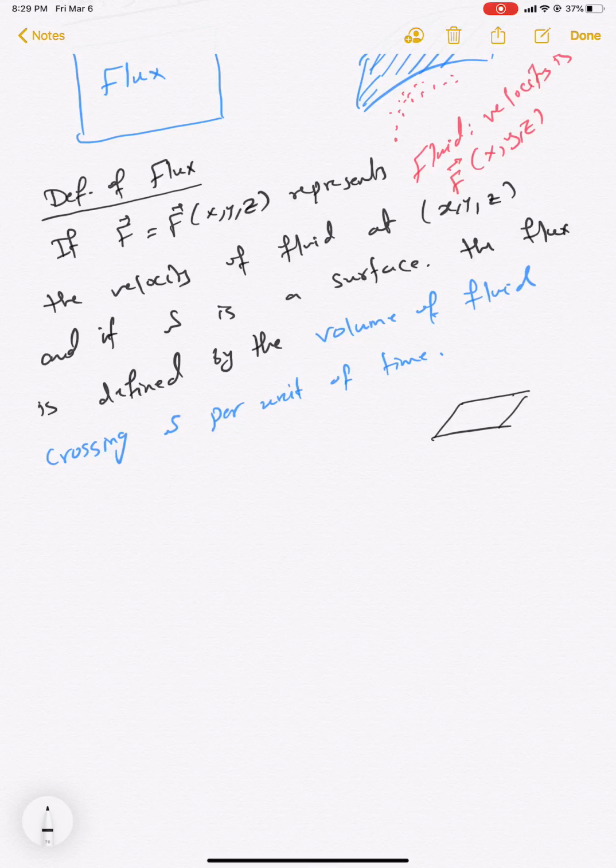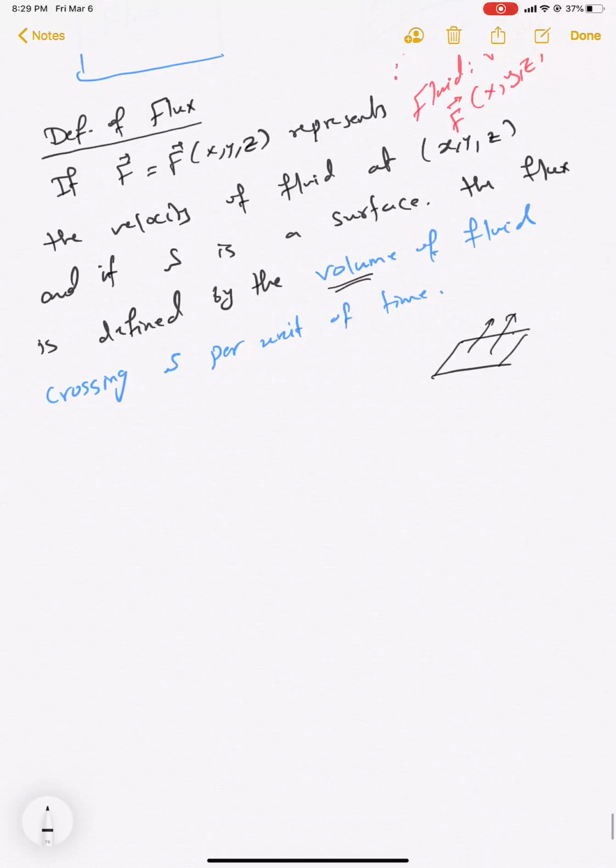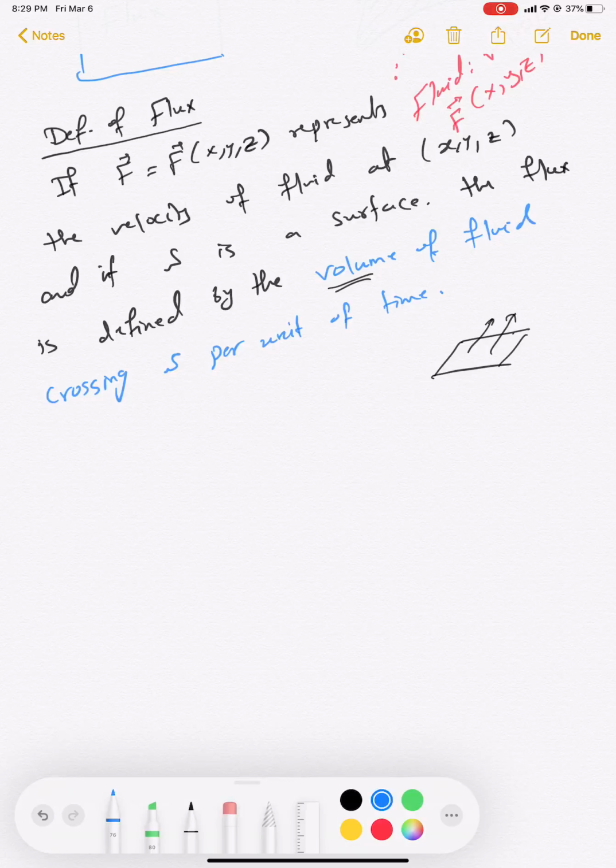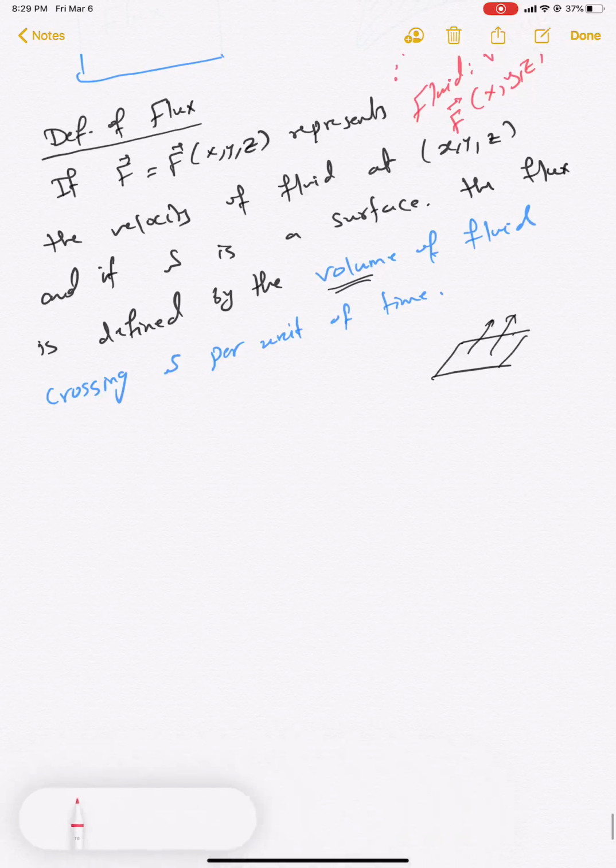You want to see the amount, the volume of the fluid that passes or crosses this surface. Now let's recall the basic formula. So if F, which is the velocity, was a constant vector.